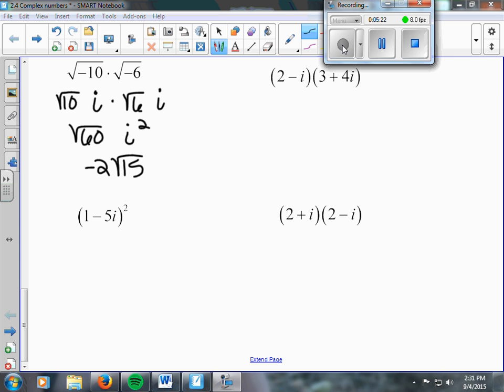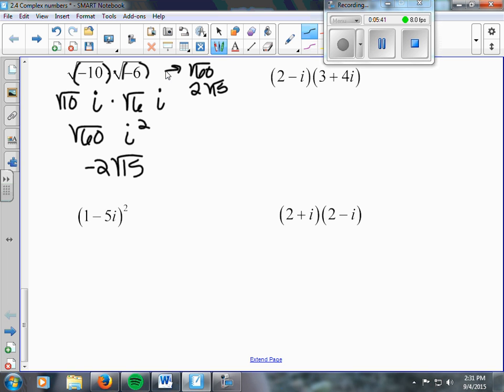Notice if you had multiplied first, you would get the square root of 60, which is 2 radical 15, and you would miss this negative part here. So you want to follow order of operations, which means you do the parentheses first before you multiply. You think of a square root as a parenthesis.